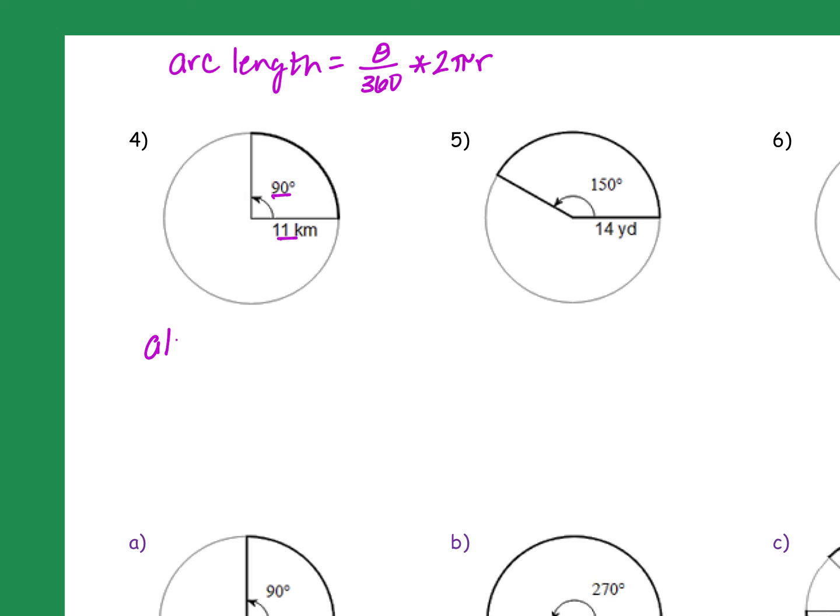So my arc length is 90 divided by 360 times 2 pi times 11. When I put this into my calculator, I put it in parentheses. So 90 divided by 360 times 2 times pi times 11, which is 17.28. Okay?